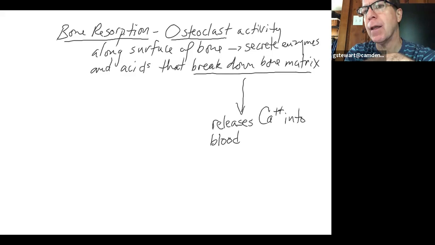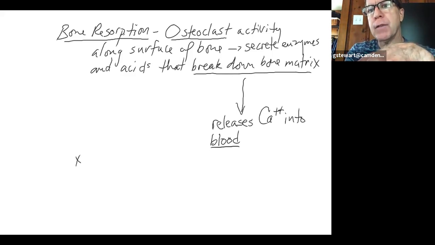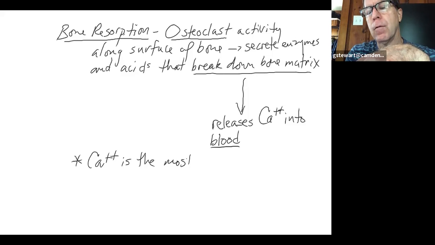That's where calcium is available, for example, for a nerve cell to use calcium, or heart muscle to use calcium, or skeletal muscle to use calcium. So before I get off this topic, calcium is the most used mineral in the human body.